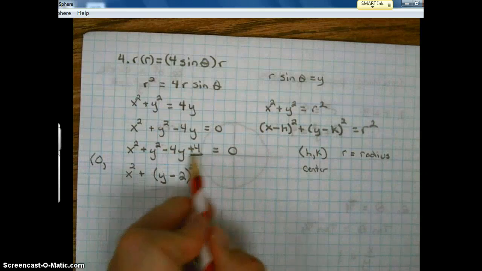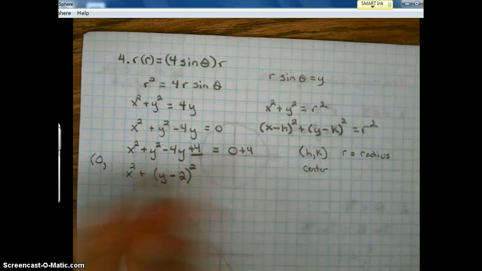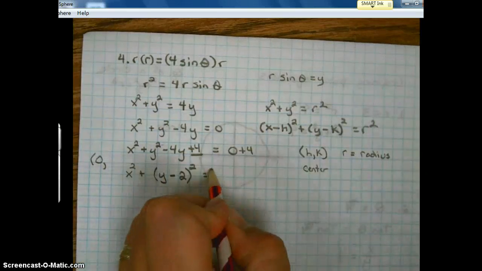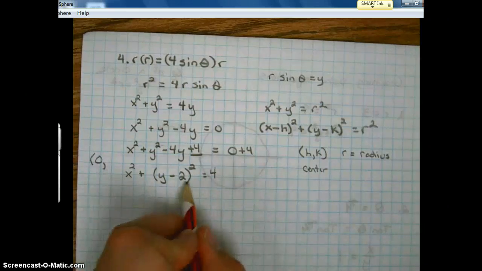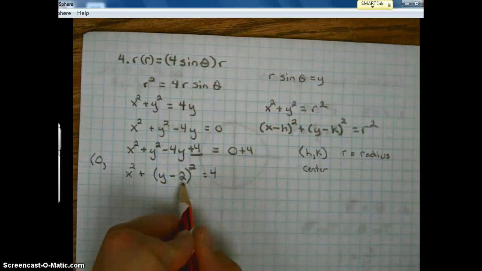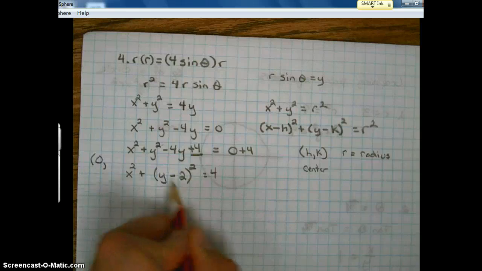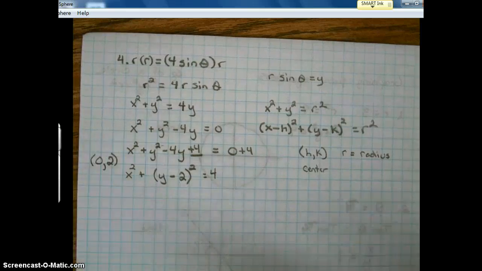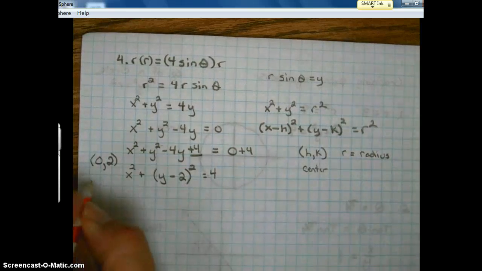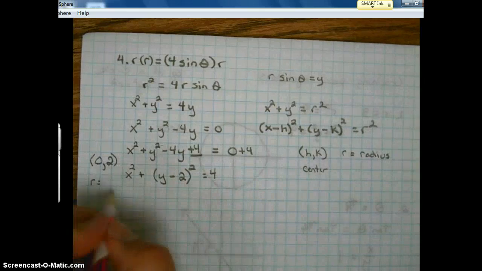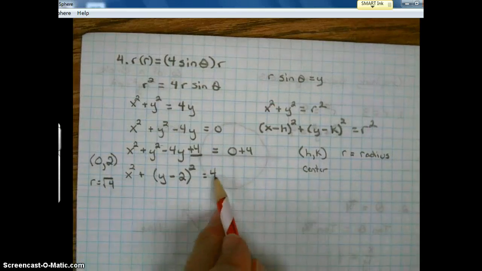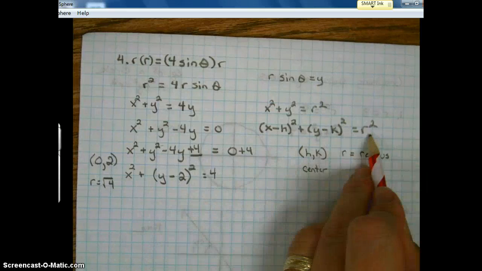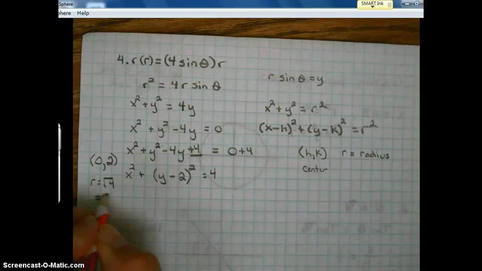So since we added 4 here, we have to add 4 over here, equals 4. And so the k value, remember, since it's in parentheses, it's going to be positive 2. So the center of our circle is going to be 0, 2, and the radius is going to be the square root of 4, because remember, that represents r squared. So it's going to be 2.